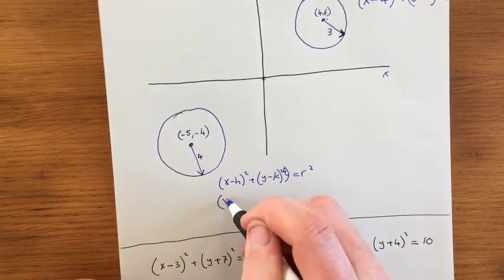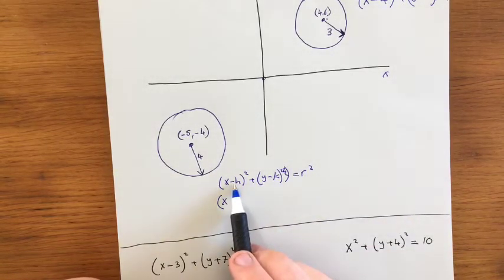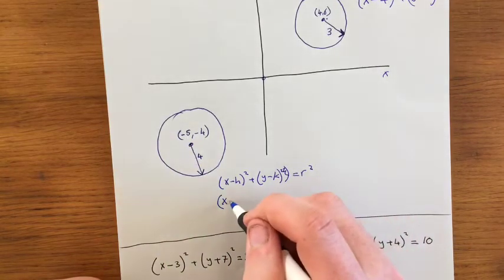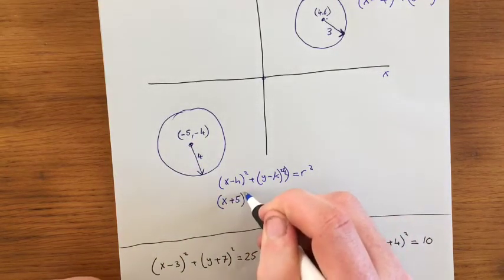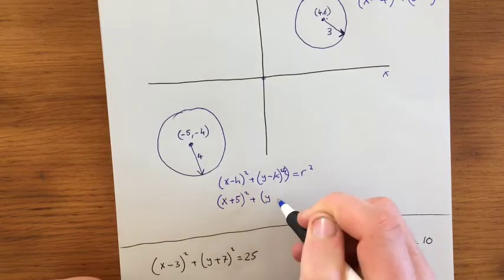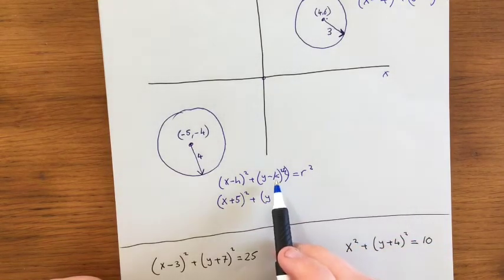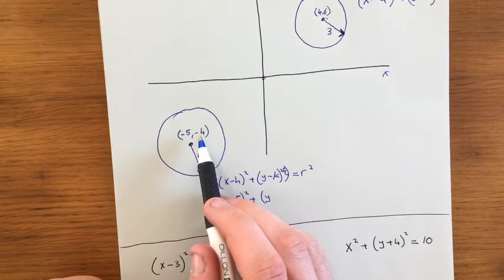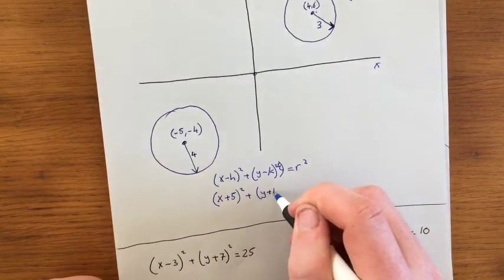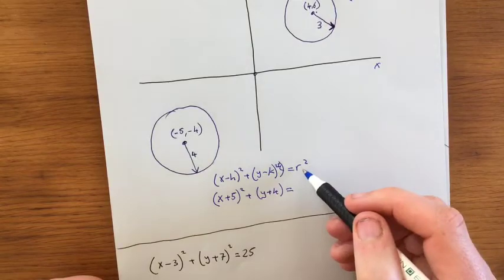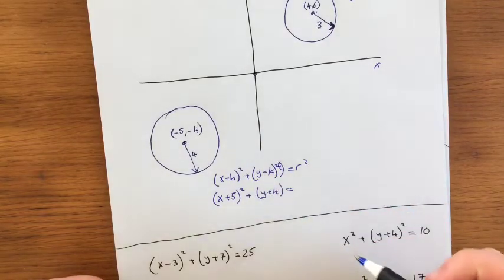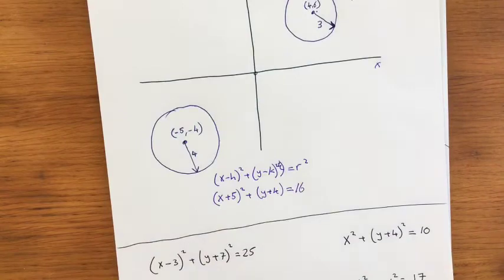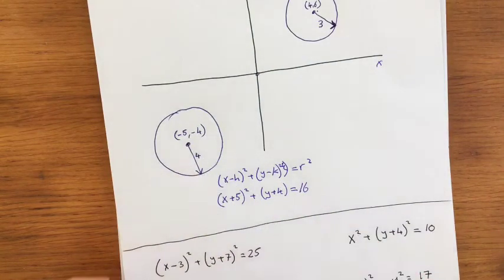The formula says to minus, but the h is already a minus, so that's going to go to plus 5, squared, plus y, and here be careful as well, because this is a minus k but it already is a minus, so that's going to go to plus 4, is equal to the radius squared, and we can see the radius is 16. So that is the equation of that circle.